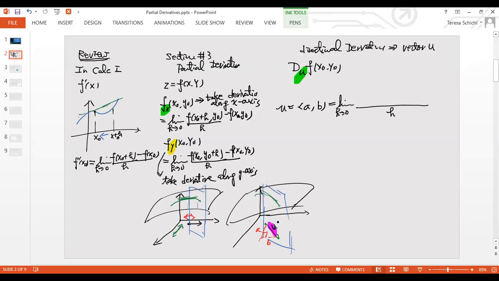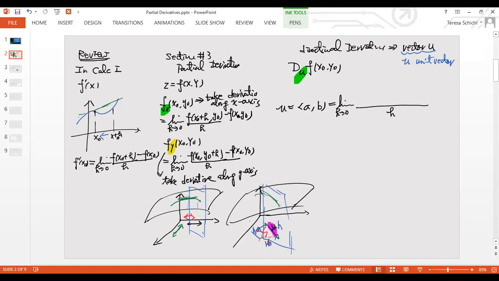So if this is my h direction here, because we want the derivative for the vector u, the vector u has to be a unit vector, okay? So if it's a unit vector, then this length will be ha, and here will be hb, right?